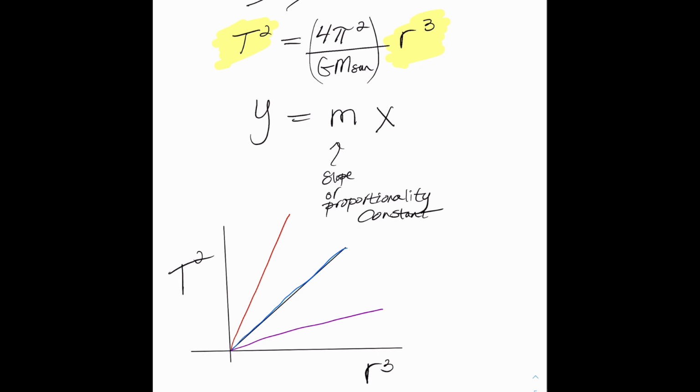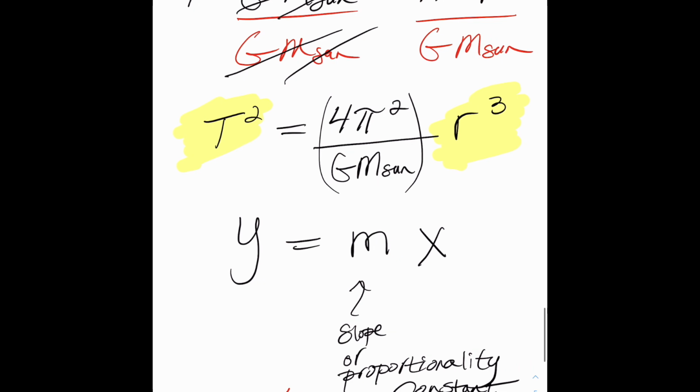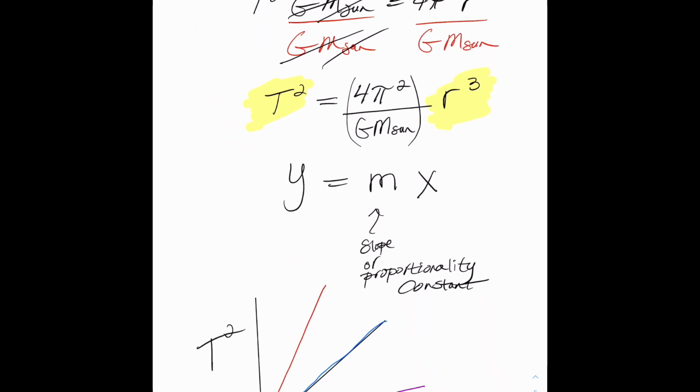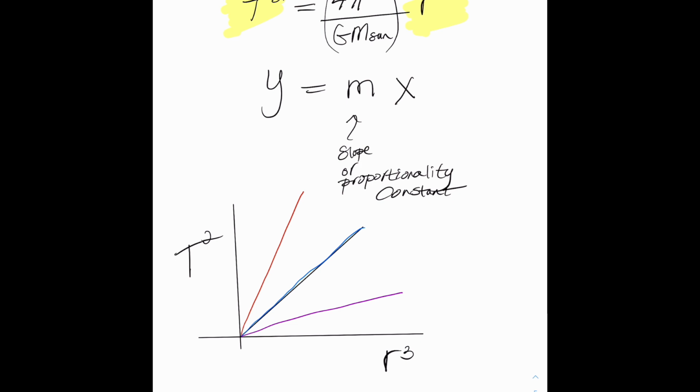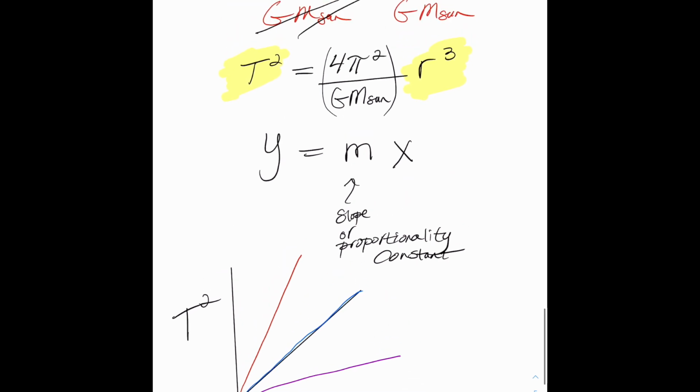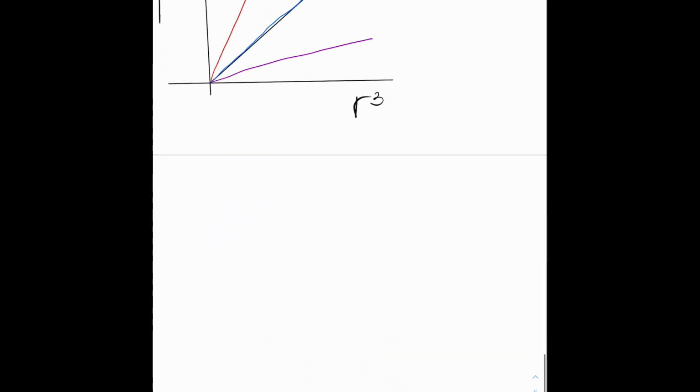And this is why the two values are proportional. Now, if you graphed period versus r, you wouldn't get a straight line. But if you graph the yellow quantity T squared versus the other yellow quantity r cubed, you will get a straight line through the origin. All right. So let's write out what Kepler's third law states then.